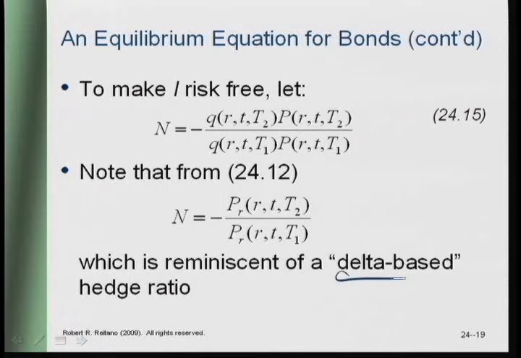This is reminiscent of delta-based hedging, where P_R is the derivative, the rate of change of the price function when R changes, and here we're using a hedge ratio that's a ratio of those R derivatives.